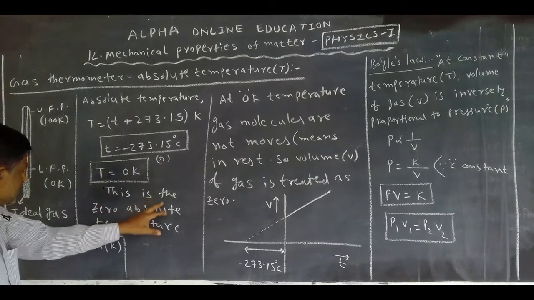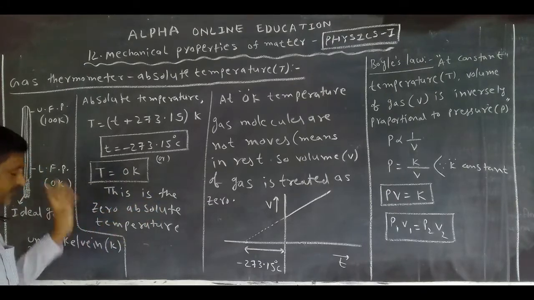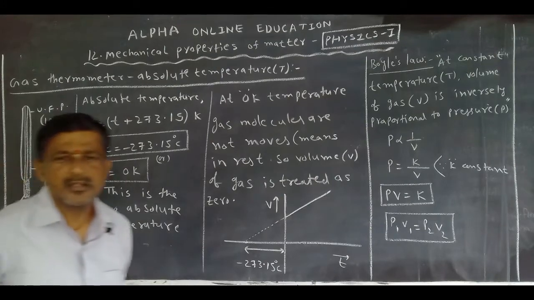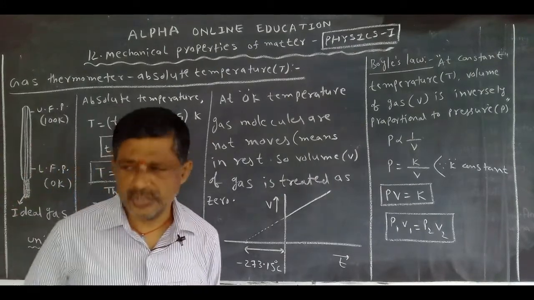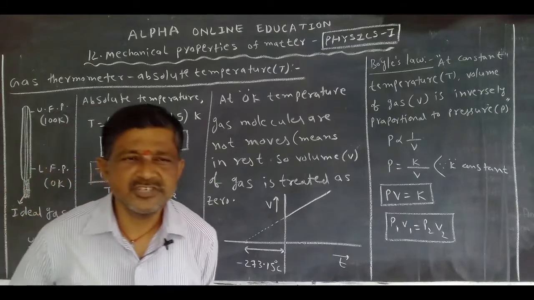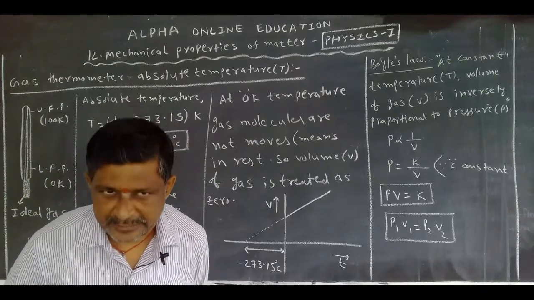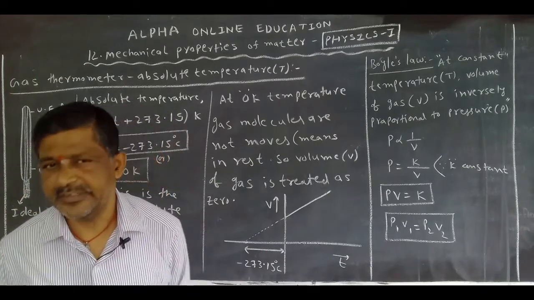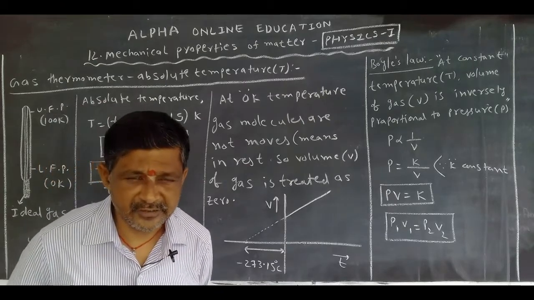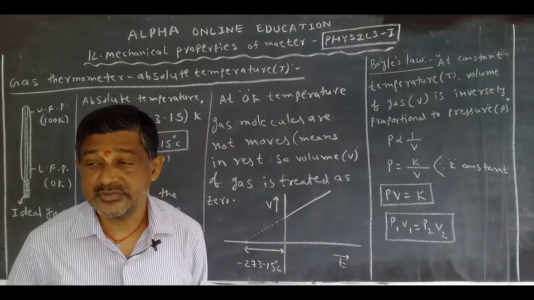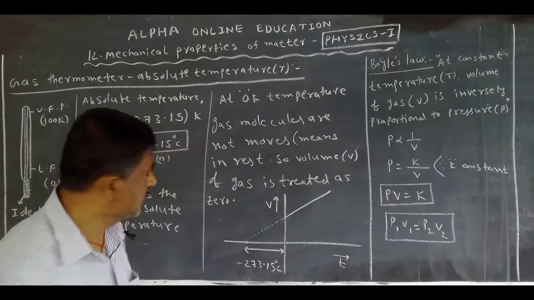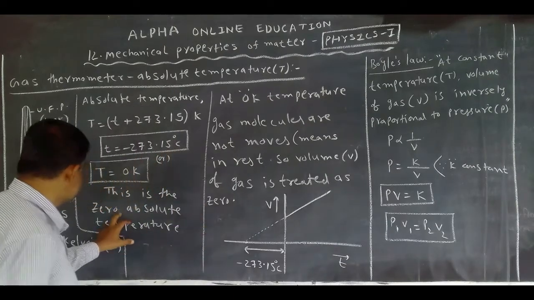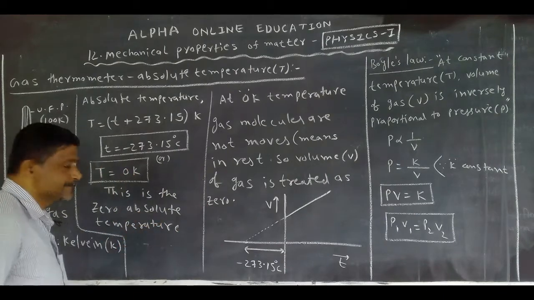This is the absolute zero temperature. Its value is 0 Kelvin, or minus 273.15 degrees centigrade.